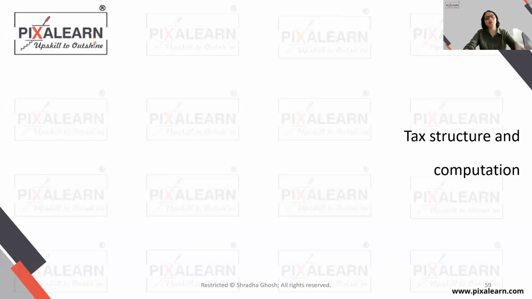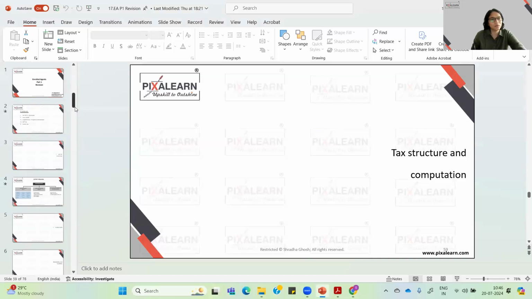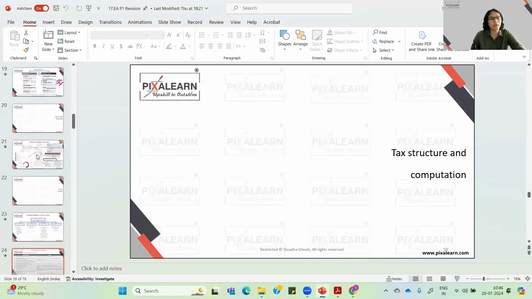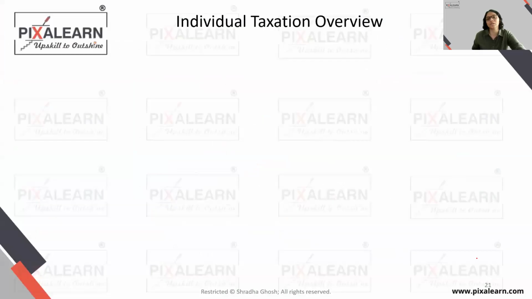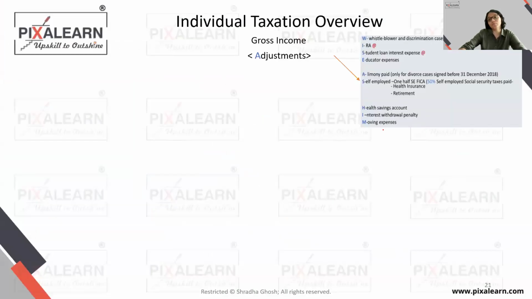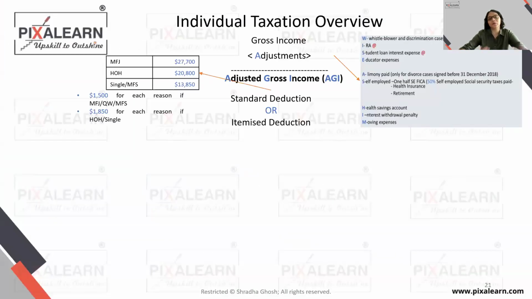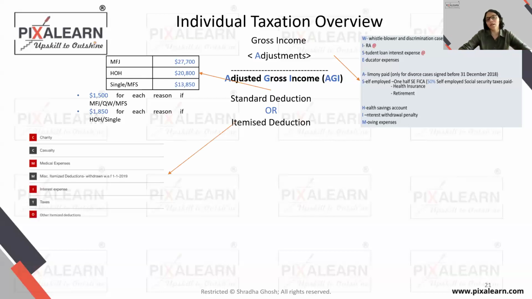Okay? So if you look at this, guys, now see, this makes so much sense. So assuming that you guys are doing your individual portions really well, we have done the gross income, we have done the adjustments, we arrived at AGI, we have taken the higher of standard deduction or itemized deduction, and we've taken QBI.